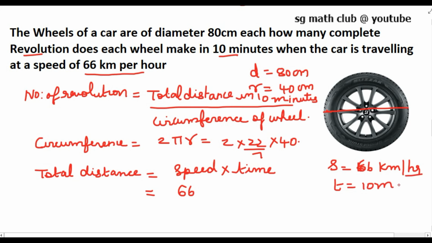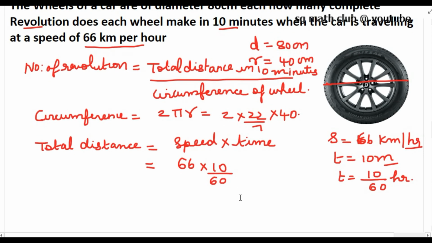One is in hours, the other is in minutes. So we can convert minutes into hours by dividing by 60. So time is 10 by 60 hour. Now when you simplify this, you can cancel, and it is equal to 11 kilometer. So this is in kilometer.